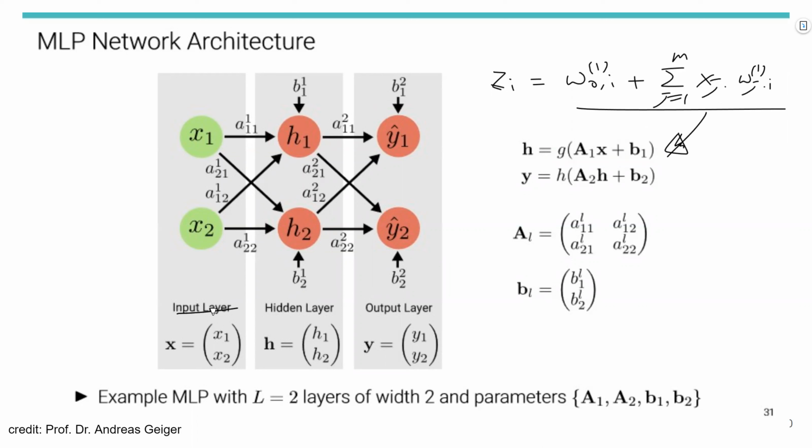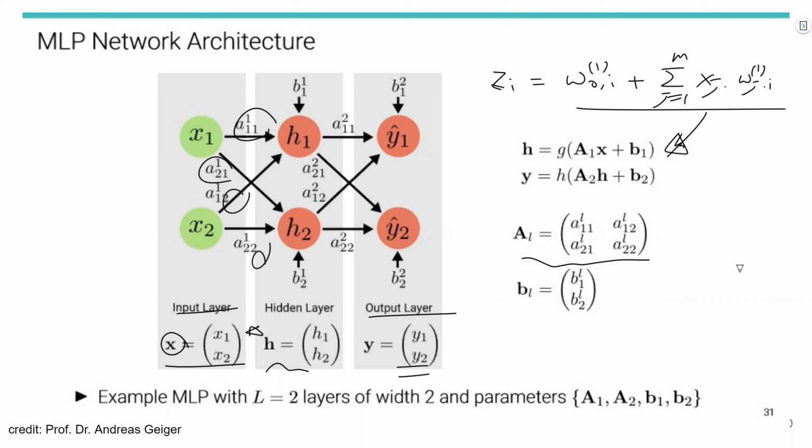Here we can represent the input as a column vector as follows. And we can represent these connections between this input and hidden layer as this matrix. And the resulting hidden layer outputs can also be represented as a vector. And the output layer can also be represented as a vector.